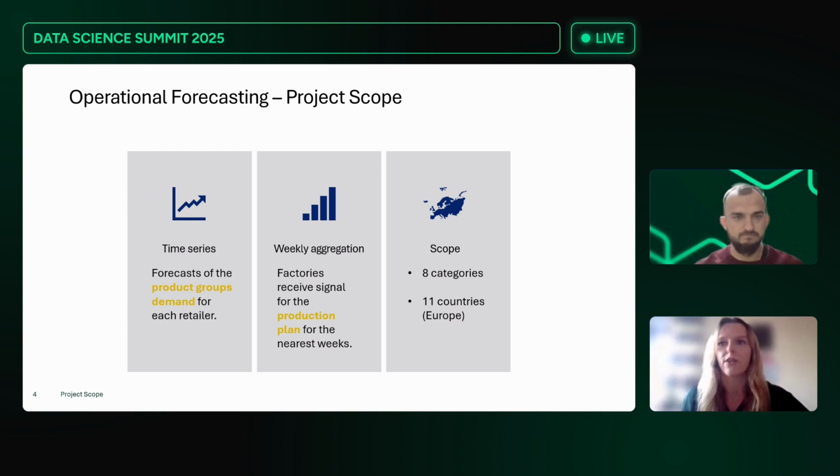Product groups are segments of similar products. We do the forecast in weekly buckets so that demand planners can send a correct production plan to the factories for the nearest weeks. We deliver our solution to 11 European countries for 8 categories, like pet food brand Purina, confectionery, and beverages.